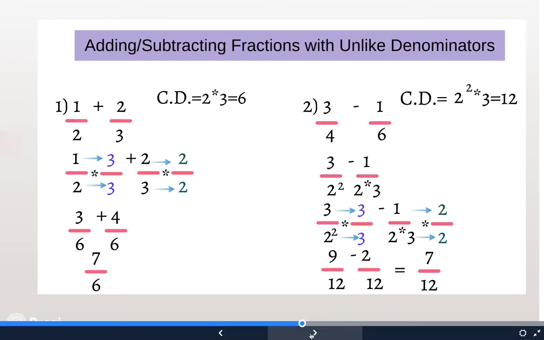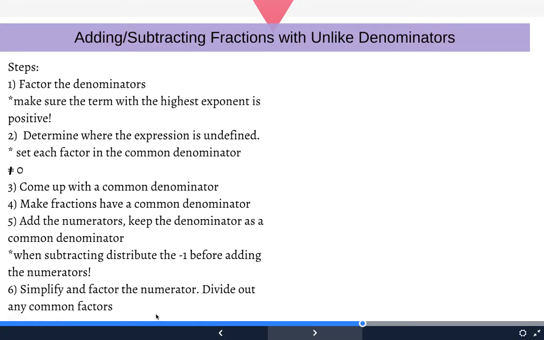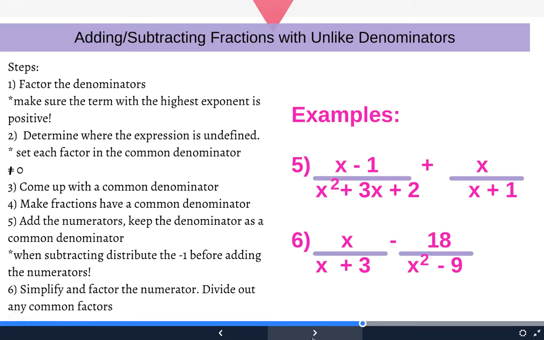Same idea with this. And the rest of the steps are the same. After that, you add the numerators together and keep the denominator. Don't forget though, when you subtract, you got to distribute a -1 before adding. And then after that, you simplify and factor the numerator and divide out any like terms. So go ahead and pause the video and watch examples 5 and 6.